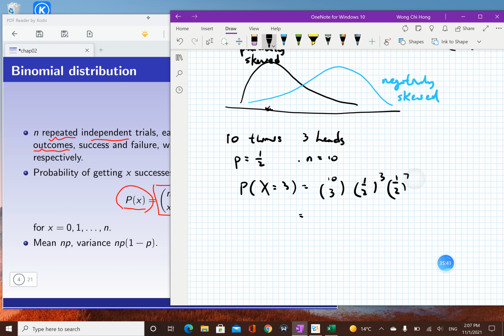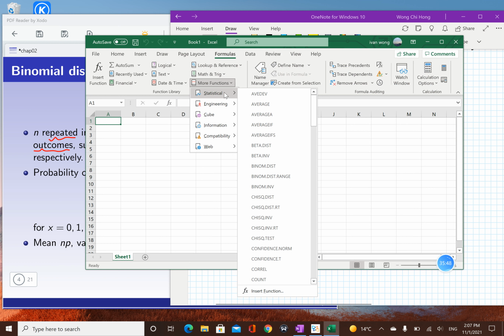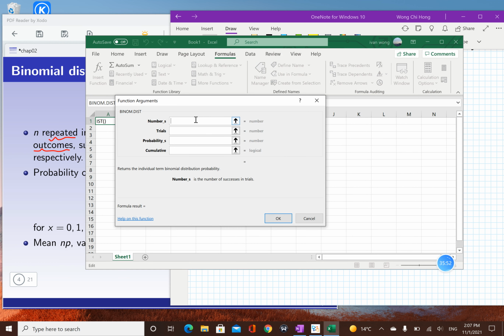Or Excel, as I can show you here, binomial distribution. Number 3, I'm getting 3 heads from 10 throws with a probability of 0.5 each time, and I want this to be false. I would like to find the probability of X exactly equal to 3 only.